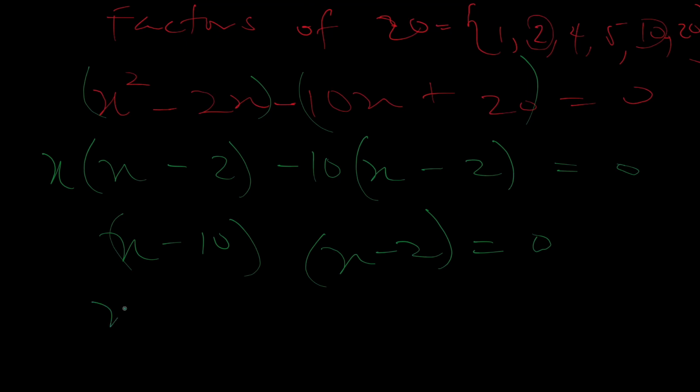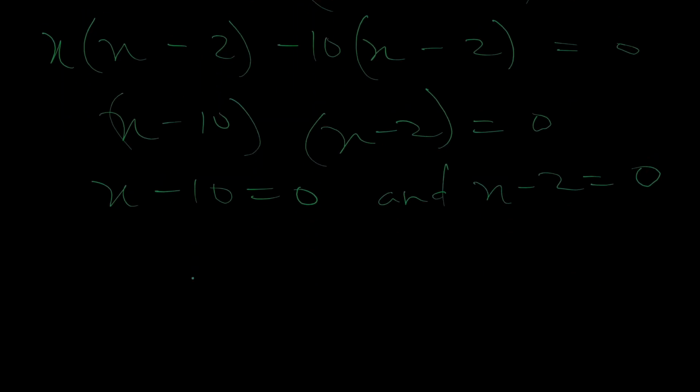So then x minus 10 is equal to 0 and x minus 2 is equal to 0. So our x should be 10, and our x should be equal to 2. So we have two values for x.